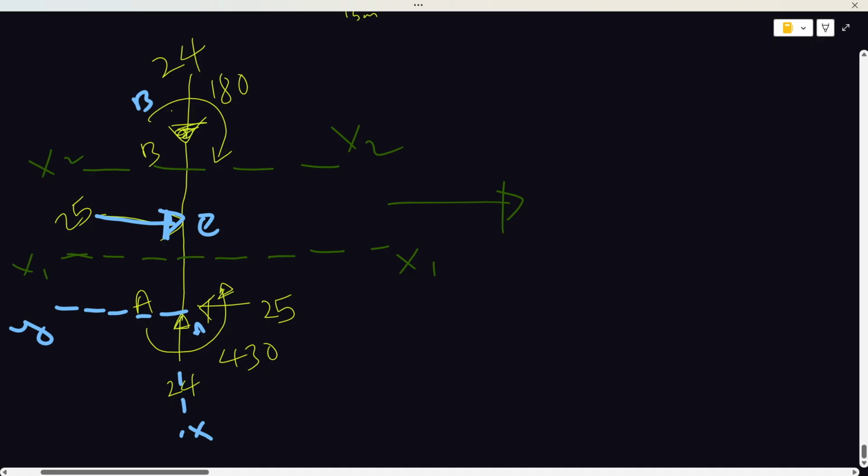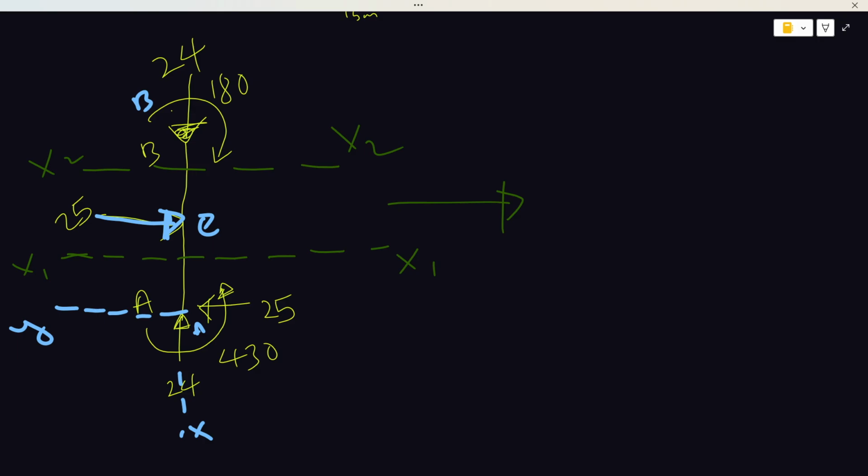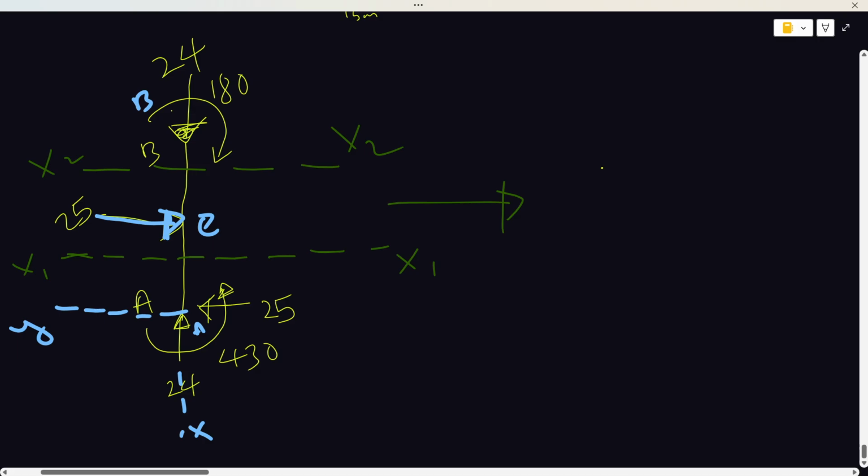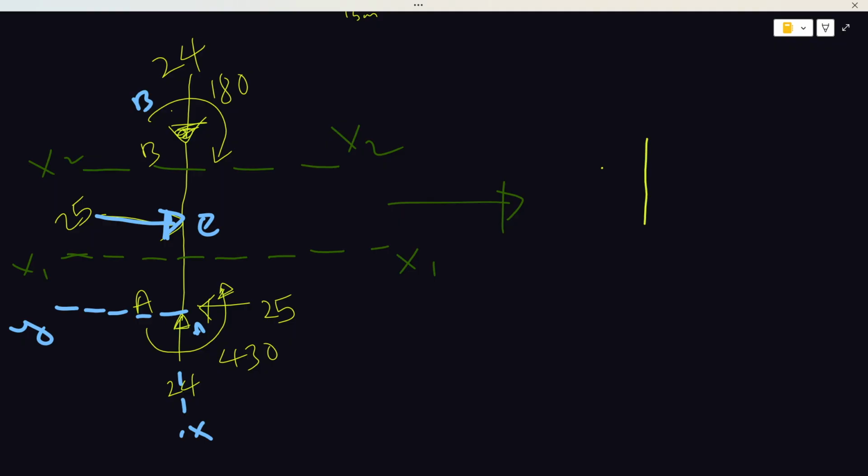Let me start with sectioning X1. In sectioning X1, once again, this is my member, and this is the section. I've cut X1. I've divided A to E with a knife. I've sectioned it.